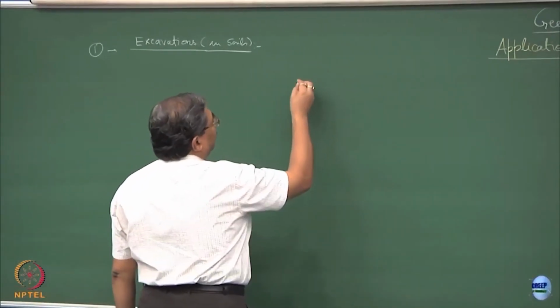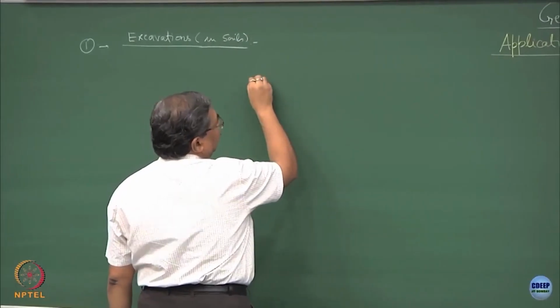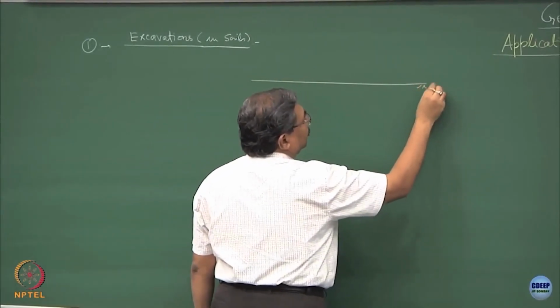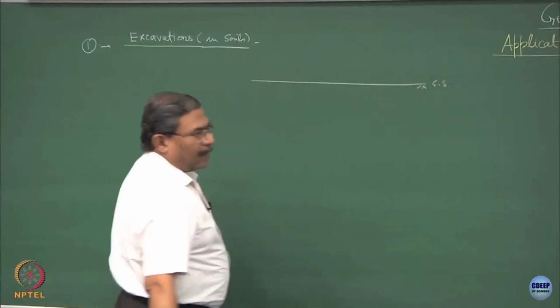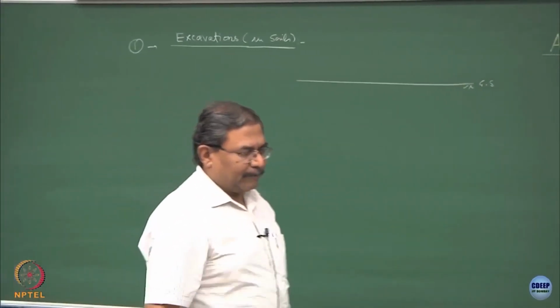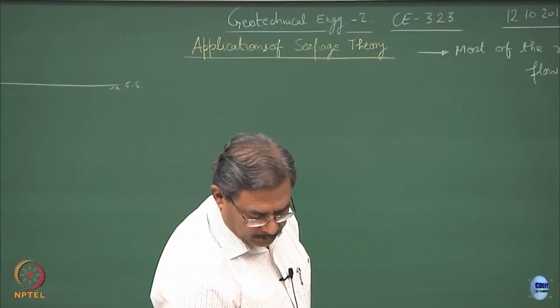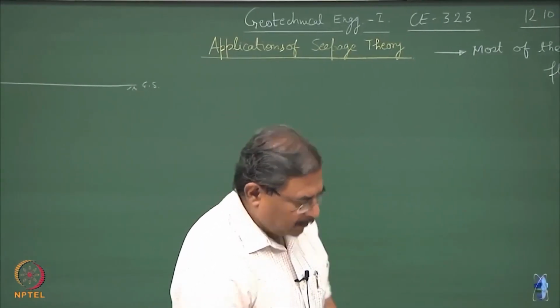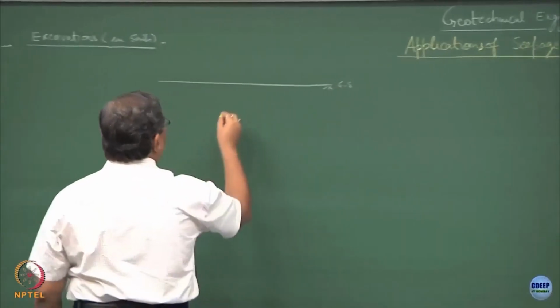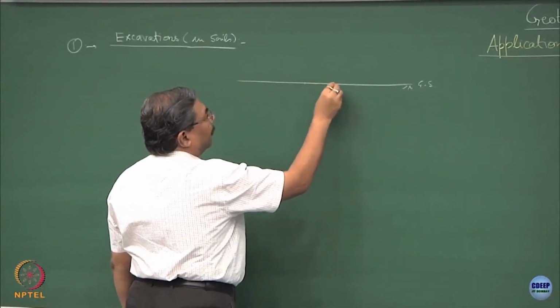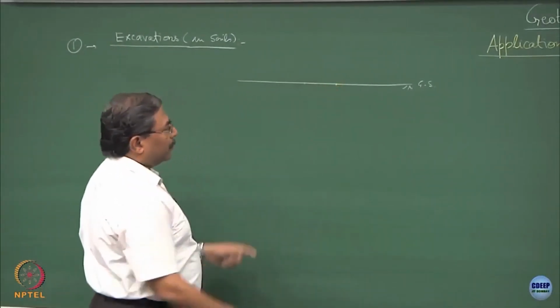Now, I am sure you must have seen or you will realize that suppose this is the ground surface and I want to excavate to create some facility, I will have to start digging, depending upon what the corridor is.